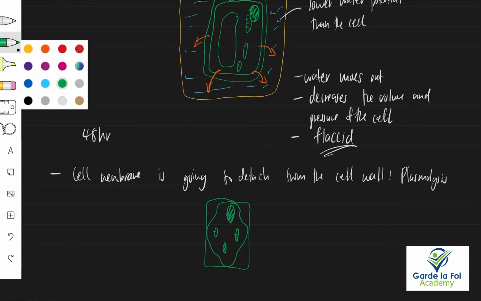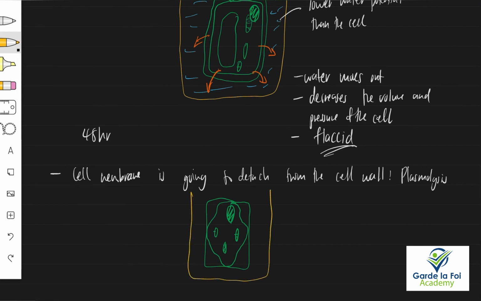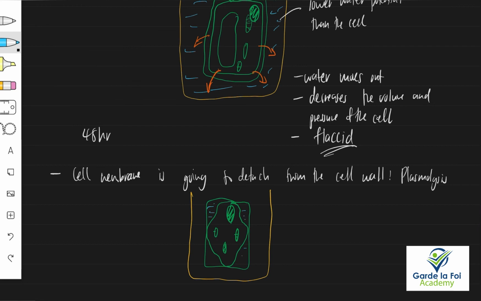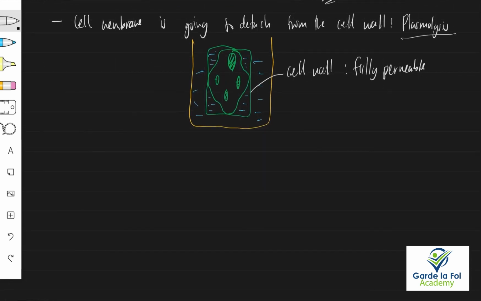And because it was originally in the solution, we're actually going to see the solution being present in those spaces left after plasmolysis, because the cell wall is fully permeable. So the solution is actually going to pass through into those areas where it's detached. So that's the process of plasmolysis.